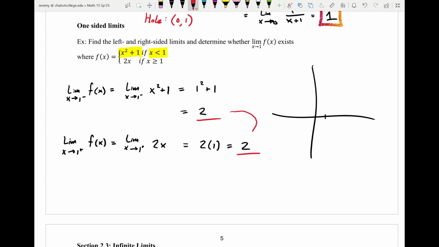Notice that the left and right limit are equal to each other in this case. So it turns out that the two-sided limit exists. Okay. So the left limit is equal to the right limit.